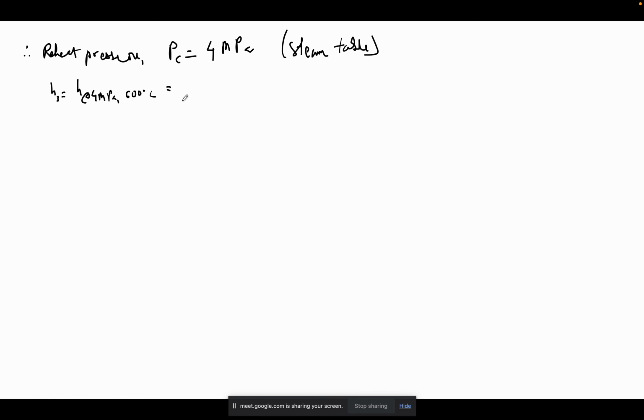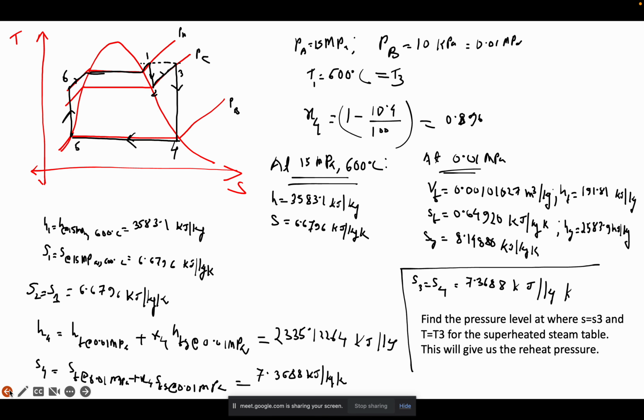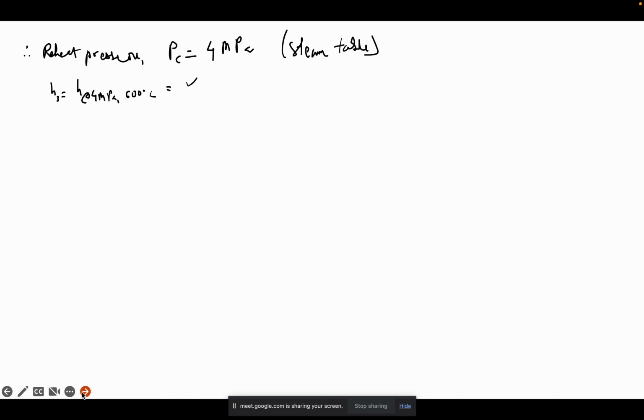I can calculate all these values, but first let me check what I need to find out. I have calculated the pressure level up to which it is reheated.